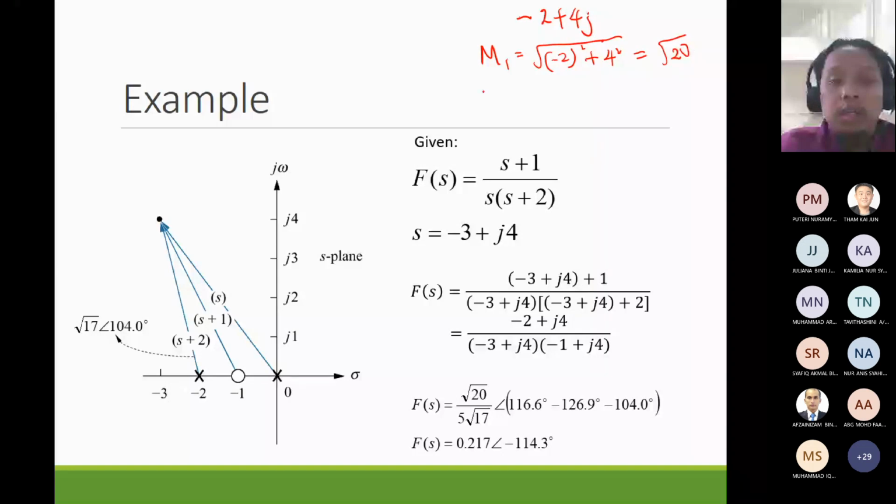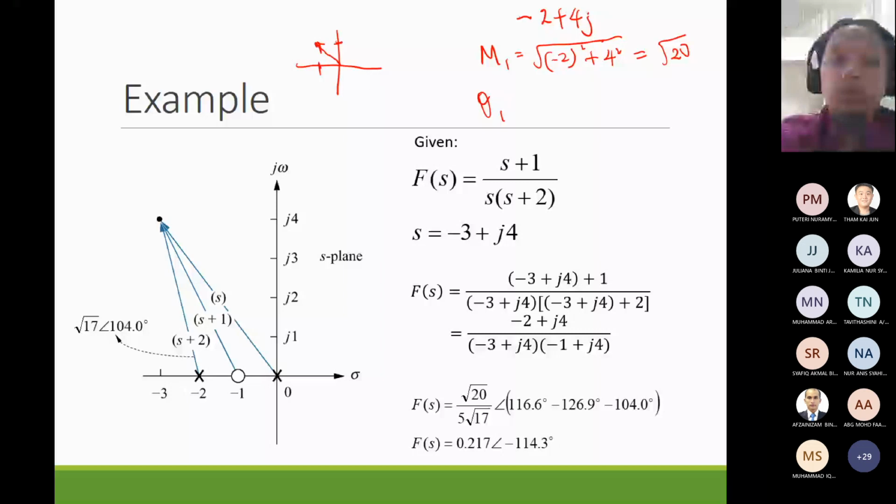And then the angle. If you want to plot it first on the s-plane, minus 2 maybe here, and then 4j here, the vector is somewhere here. So the angle is measured here, theta 1. To find theta 1, my way of measurement will be 180 minus this angle.